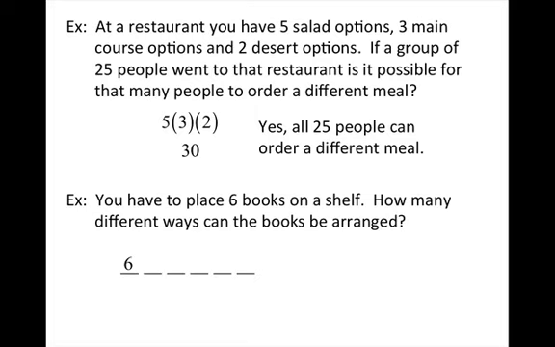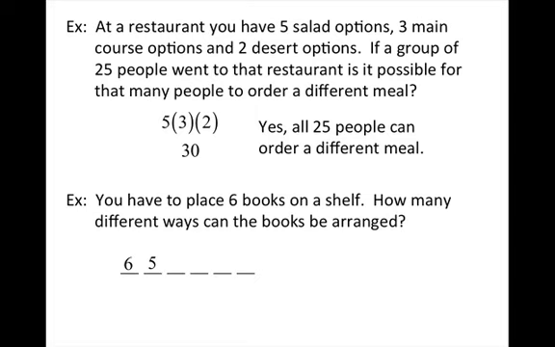Now for the second spot, I've already placed 1 book on the shelf. So this limits the number of books I have to choose from for my second spot. So I only have 5 books remaining in the pile. So I have 5 choices for the second book on my shelf. Now for the third spot, I've already placed 2 books on the shelf, so I just have 4 remaining to choose from in my pile.